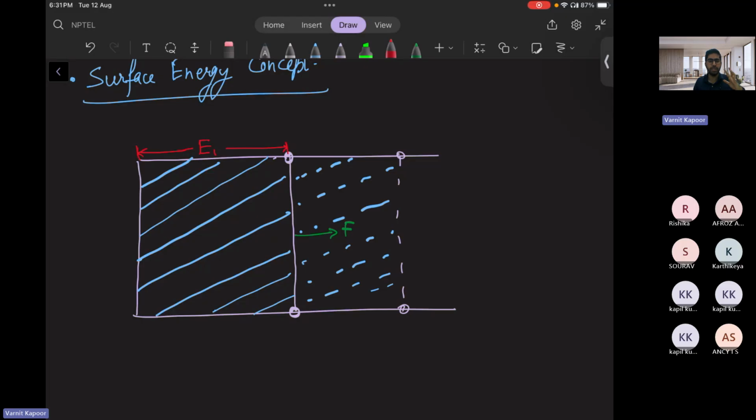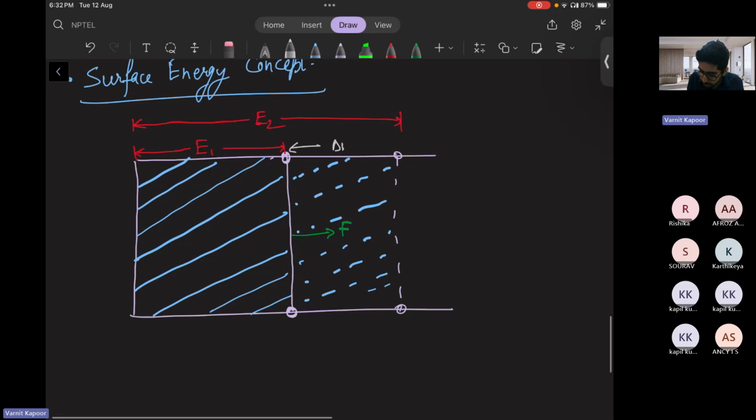There was some energy stored there. Let us suppose it is called E1. When you have stretched it, the energy stored has increased in some form of potential. Let us say it is E2 till here. And you have displaced this solution by delta x. Suppose this is your delta x that you have displaced.